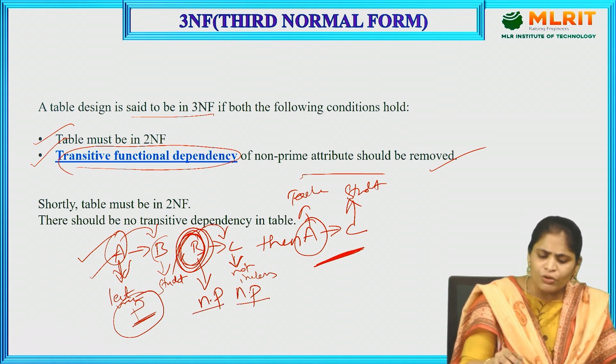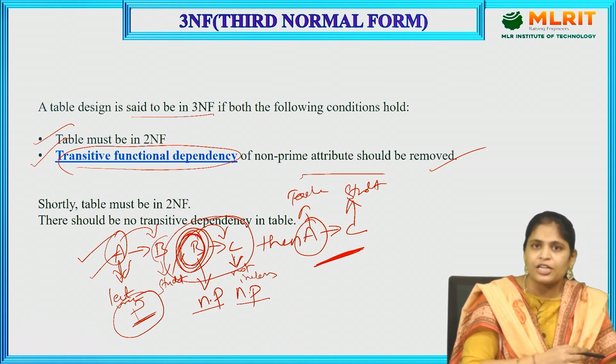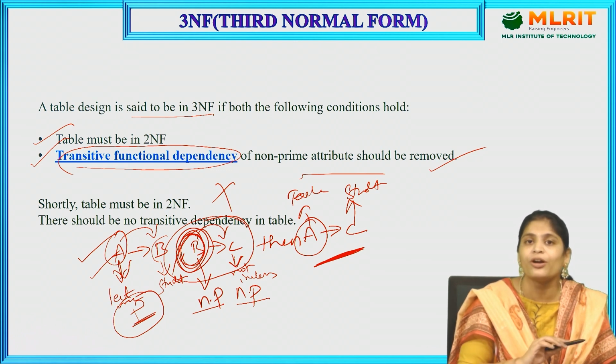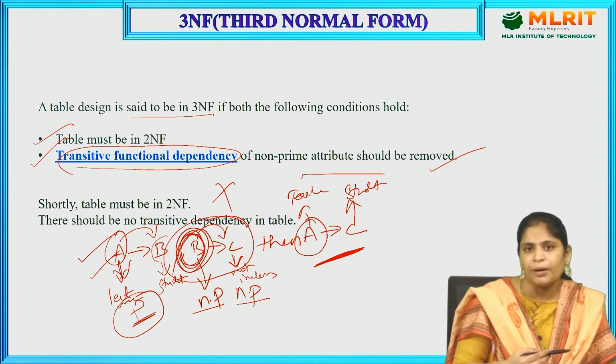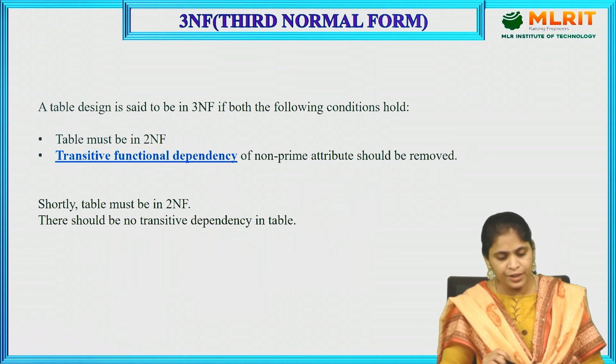So if a table contains these kinds of functional dependencies, we have to remove them. Why? Because one non-prime attribute cannot derive uniquely another non-prime attribute. That is the intention of 3NF, third normal form.